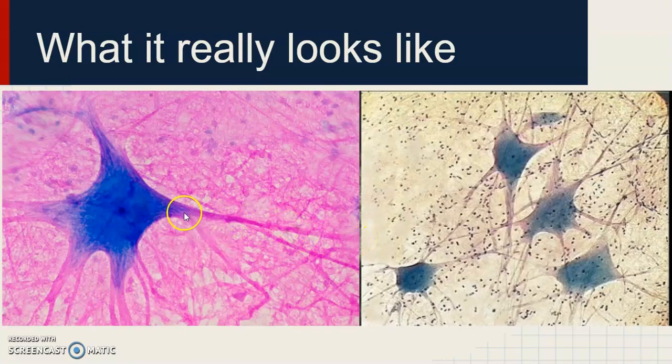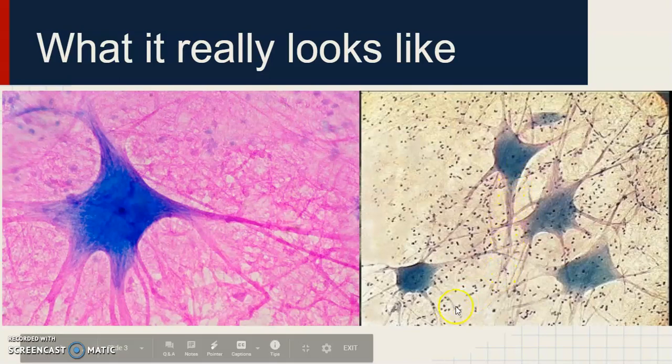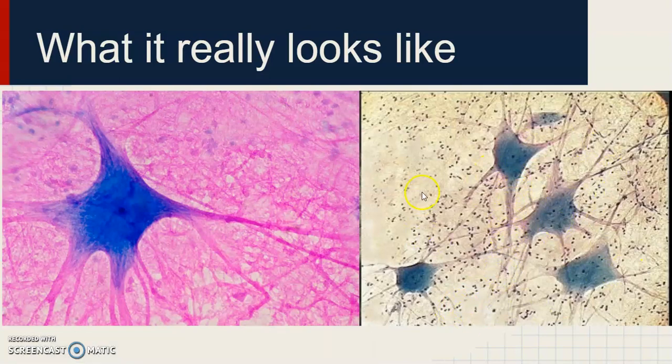It's kind of hard to tell just because this is a neuron that's been smeared onto a screen and stained with different colors so you can see different parts of things. This is also a different picture of what one looks like. You can see multiple dendrites coming in and then one clear axon coming out here. So you have a whole bunch of different looking, what they really look like in real life.